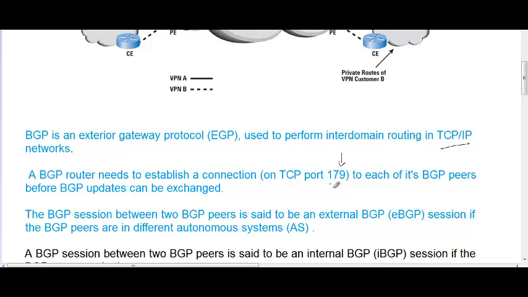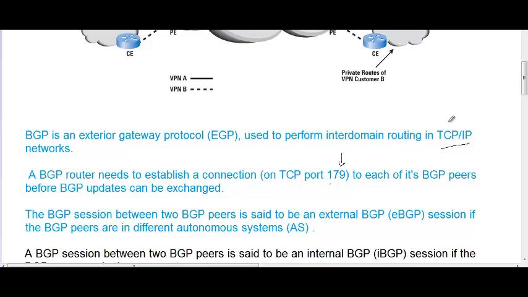Now, because it's a TCP protocol, neighbors we need to statically configure. We cannot see dynamic discovery of neighbors in TCP because TCP needs acknowledgement, because TCP is connection oriented. It needs the neighbors to be statically configured.